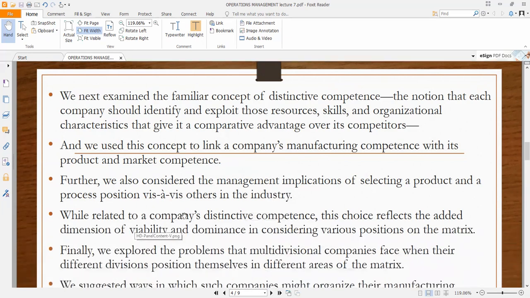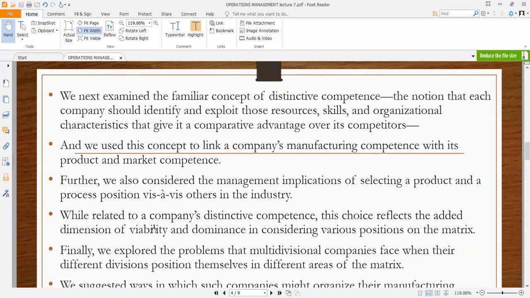Further, we also considered the management implication of selecting a product and the process position vis-a-vis others in the industries. Here we're talking about how special your company is in putting these skills in place compared to other companies.